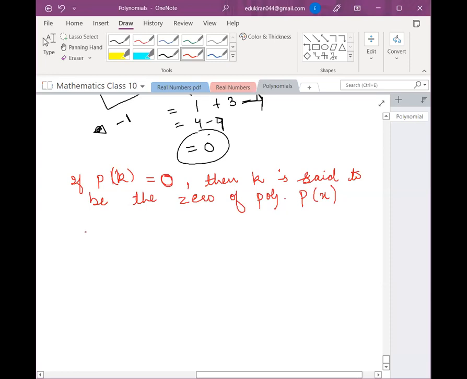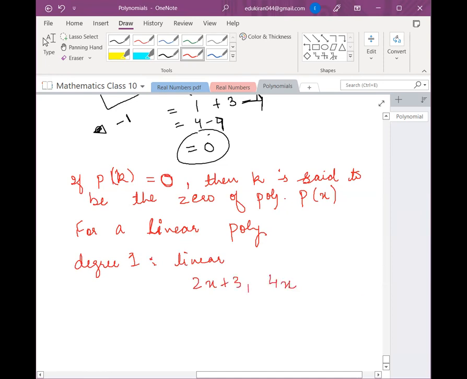For example, let's check for a linear polynomial. So general statement, now for a linear polynomial. What is a linear polynomial? First of all, any polynomial which has degree 1 is called a linear polynomial, right? For example, you have 2x plus 3 or simply 4x.